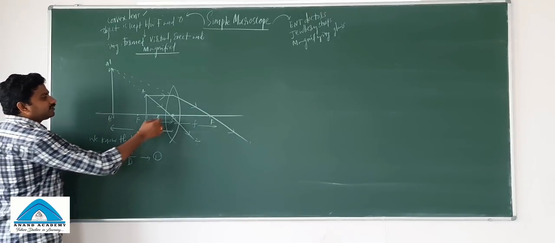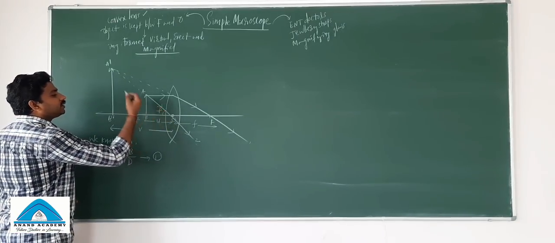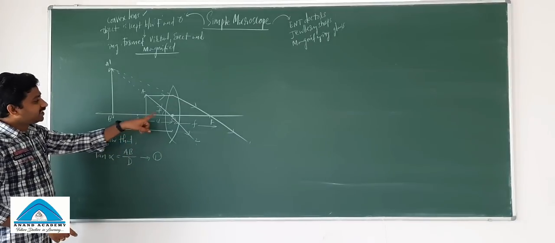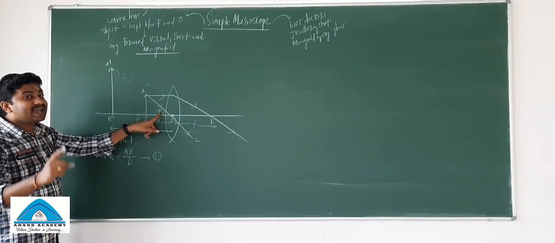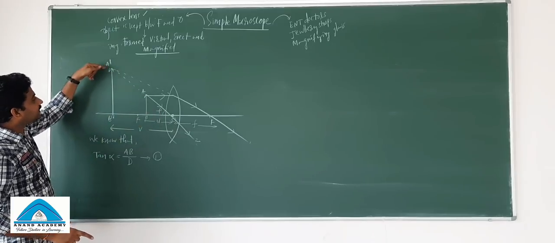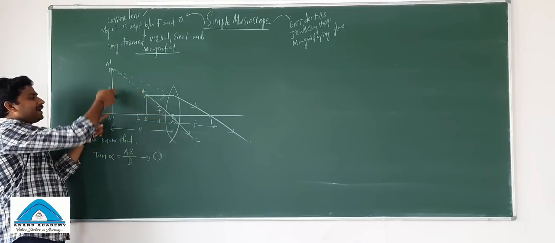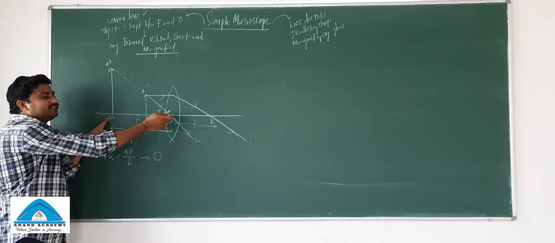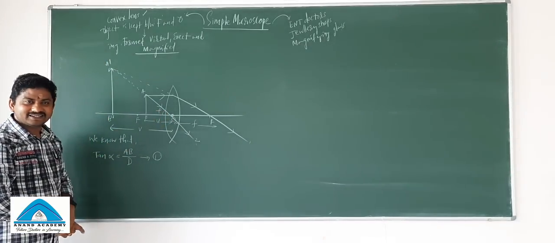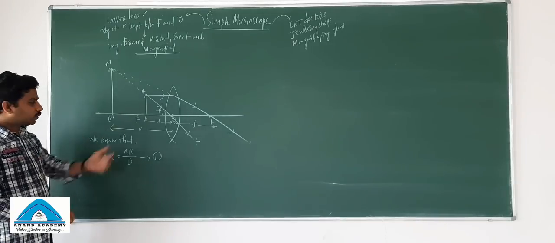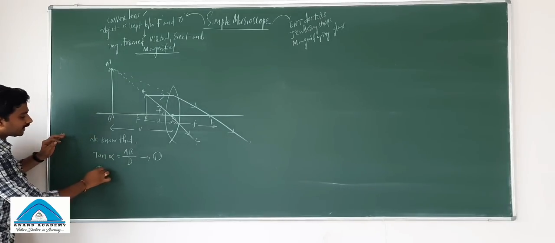Now I am writing there is an angle beta here, you can carefully see. This beta is the angle made here. So this is the angle made by the image on the eyelens. So this is the beta. So I am writing here tan beta.